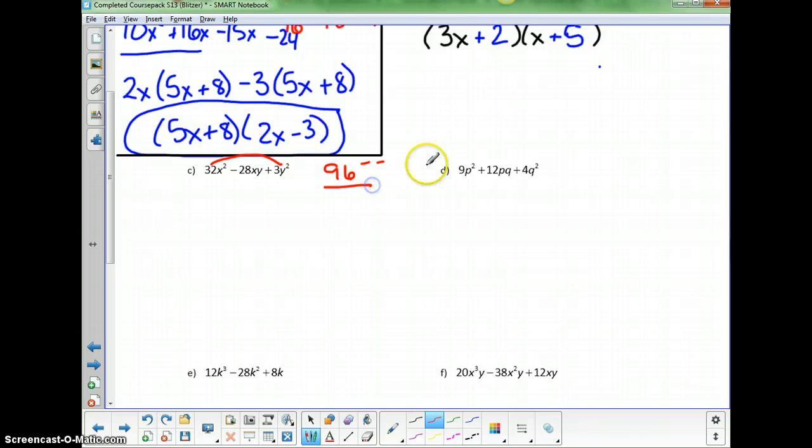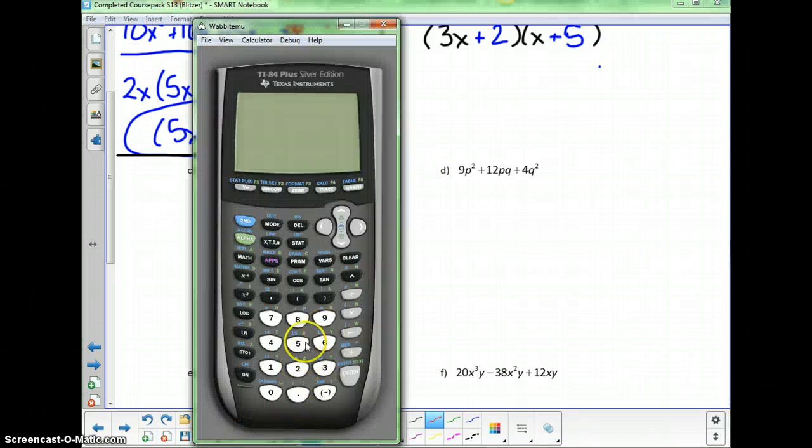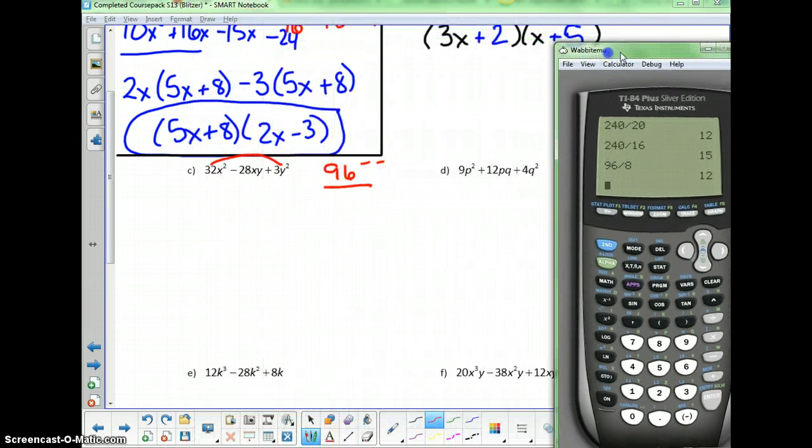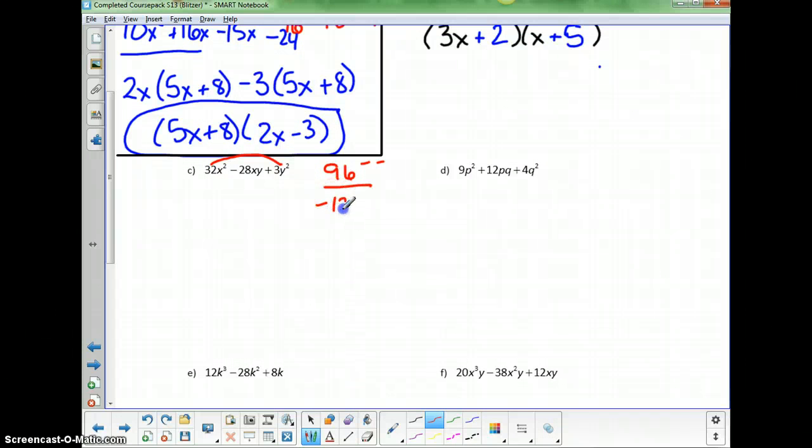And let's start trying to figure out what goes into 96. Okay, so I know that 96 divided by 8 is 12. So 96 is 8 times 12. So that would be negative 12 and negative 8. It's going to add up to negative 20.